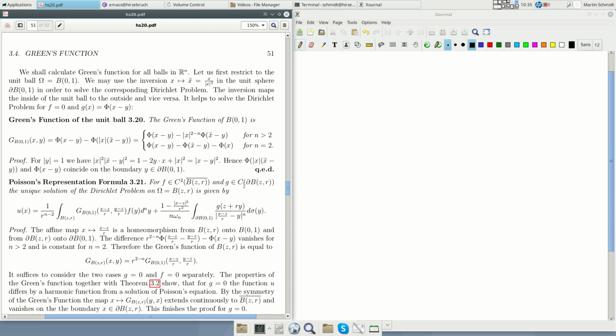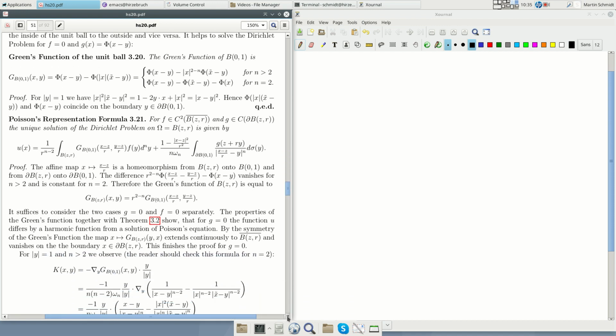And then by the weak maximum principle we know that the difference itself vanishes, so both functions are equal. This is the uniqueness. Now we prove the existence.